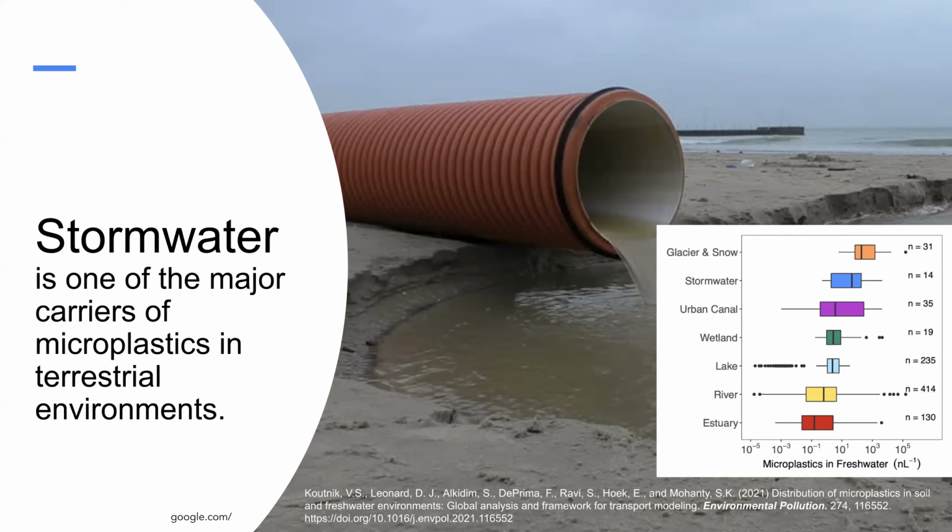It's not very surprising that we have lots of microplastic in stormwater, because that's the main thing that moves plastics around. But what is surprising is that glaciers and snow also have equivalent or higher concentrations. That means the air is also another one of the major transport pathways.